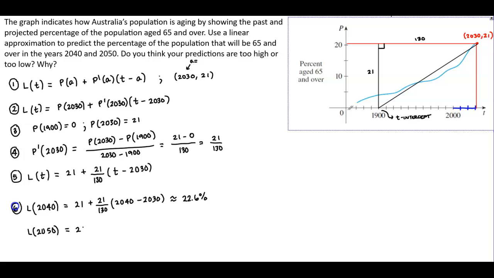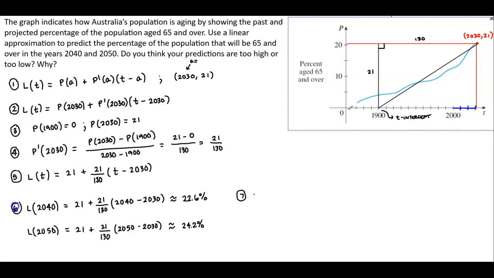That's 21 plus 21 over 130 times 2050 minus 2030, which gives us approximately 24.2%. Now the question says, do you think your predictions are too high or too low, and why?